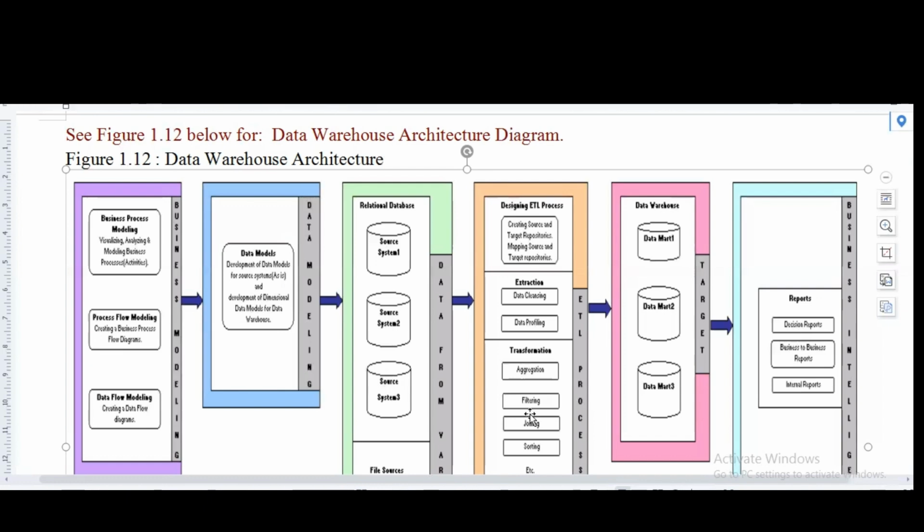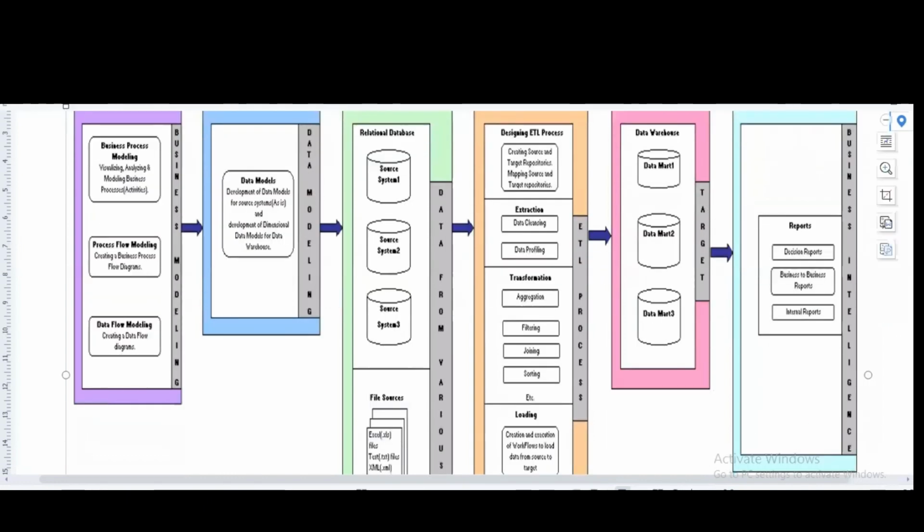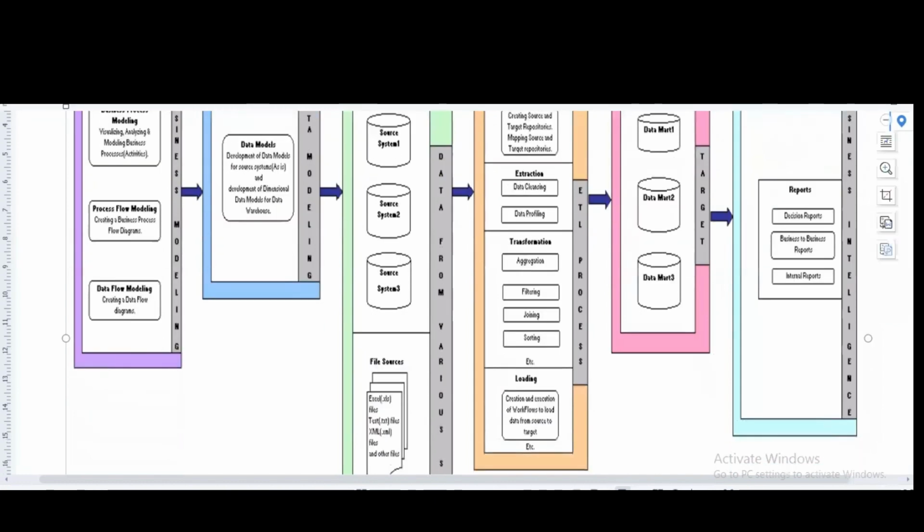There are three sources here: SQL Server, SAP, and Oracle. Then there is the file system: somewhere they use Excel, somewhere a text file, someone uses XML. Those file sources will also be included in our data warehouse concept.